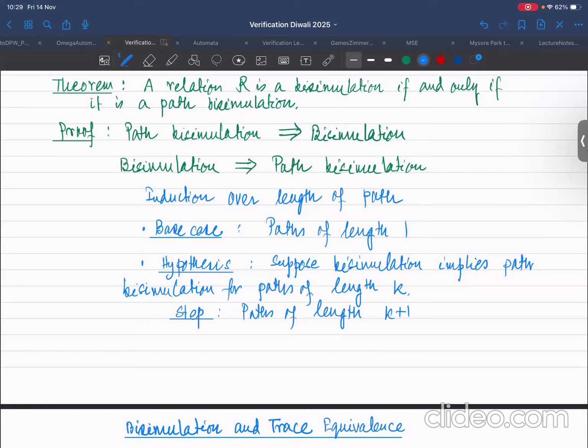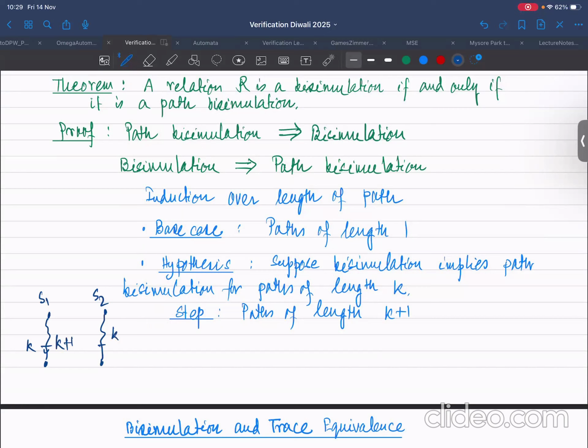Suppose you consider S1 and S2, and then you talk about paths of length k plus 1. You take k steps, and then you talk about k plus 1. So here you have k plus 1 in total, and here you have up to k.